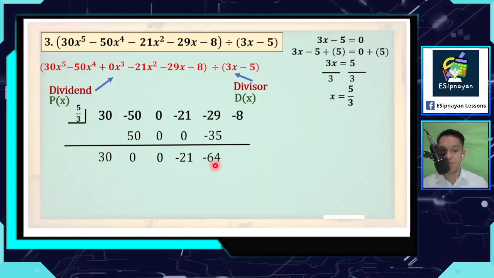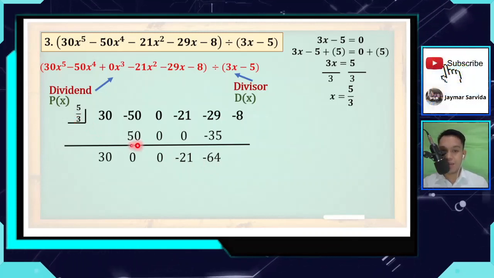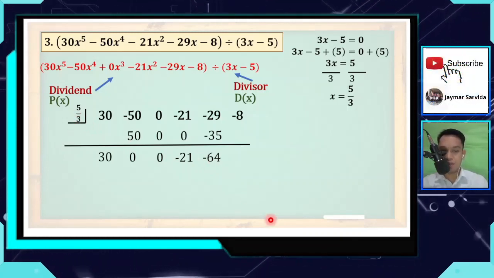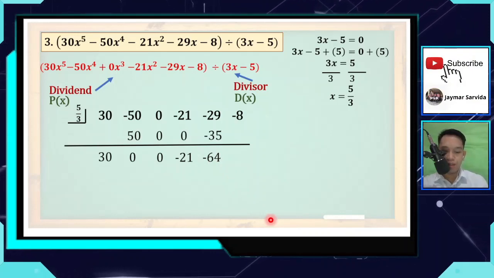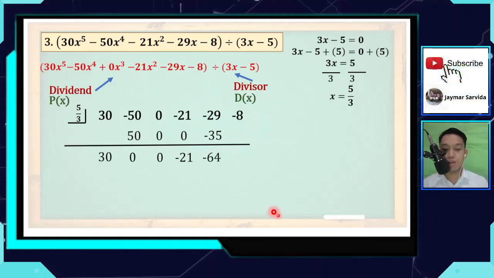So, negative 64 times 5 over 3. Negative 64 times 5 is 320. It is not divisible by 3, so just copy negative 320 over 3.